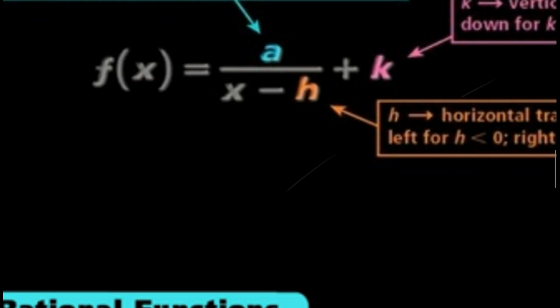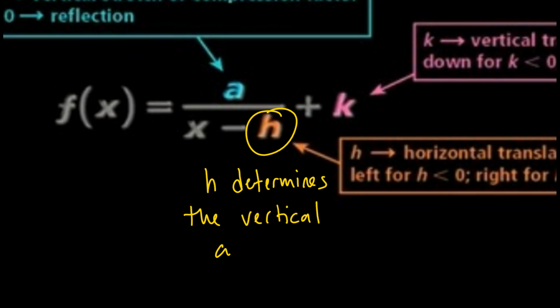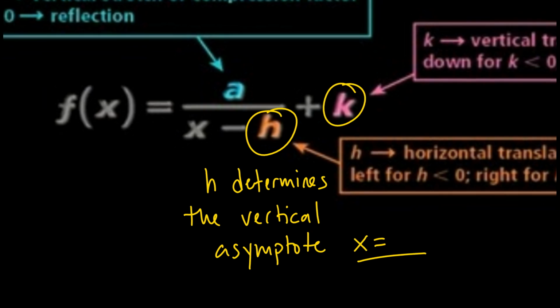So h, we're going to write this note. h determines the vertical asymptote. The one that is what variable equals something? X equals, yes.